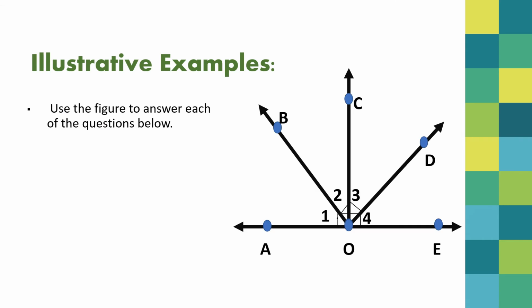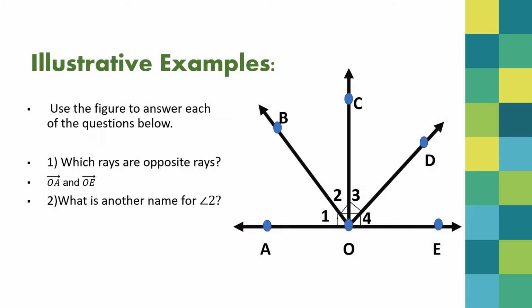Now, given the figure, let's try to answer the following questions. Number 1. Which rays are opposite rays? Correct. Ray OA and ray OE. Number 2. What is another name for angle 2?